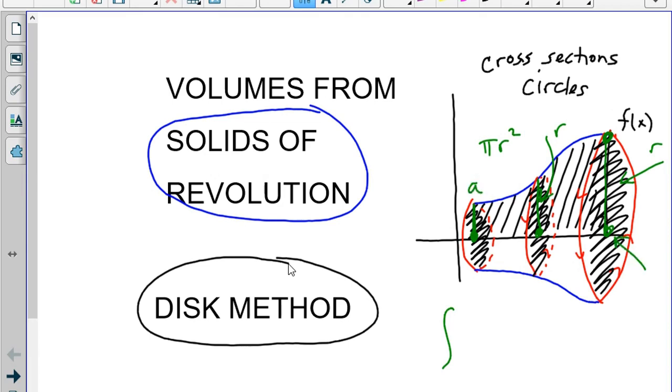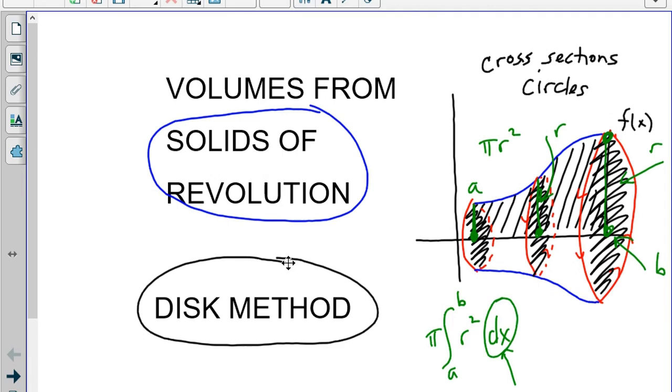So if I'm going from a to b, I want to take the integral from a to b, and then I have pi r squared, and then I have to account for this distance from a to b, that's dx. And that's something that we learned with Riemann sums as we were going along. But this is basically what's going on.